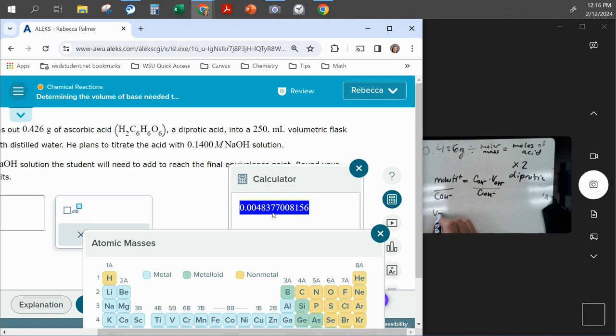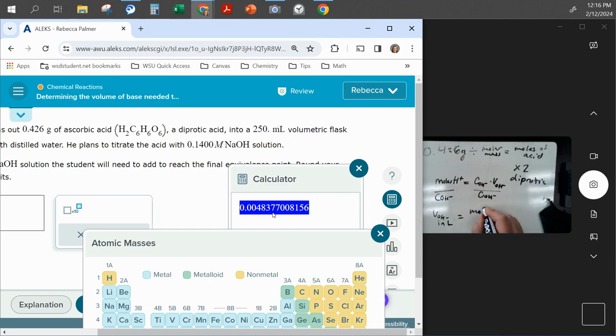The volume of hydroxide, which this gives me in liters, is equal to moles of hydrogen divided by the concentration of hydroxide. So we have our moles of hydrogen now. We're going to divide by the concentration. This is the volume in liters.